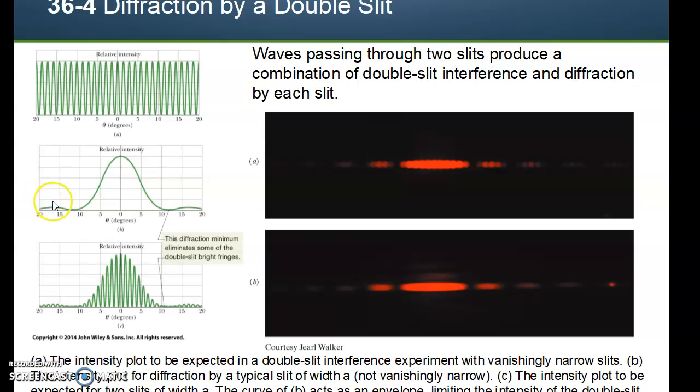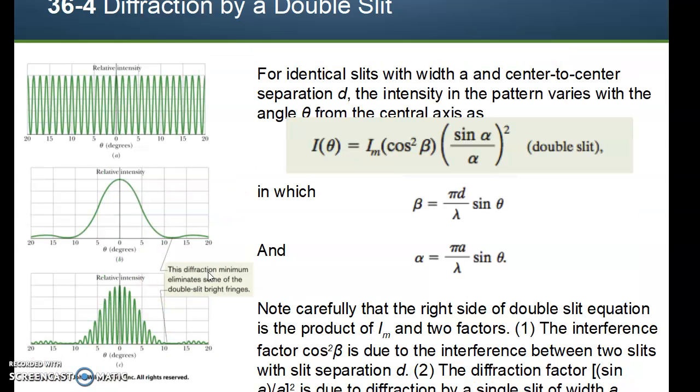So this right here gives the envelope for it, and the diffraction minimum eliminates some of the double slit fringes, and then here's your first maximum beyond your 0th order maximum here. So that is the way in which you have to interpret these particular ones.